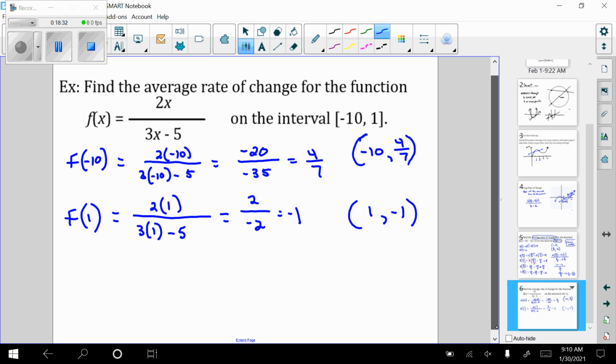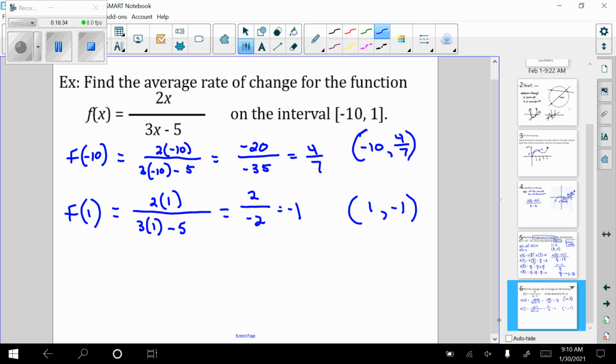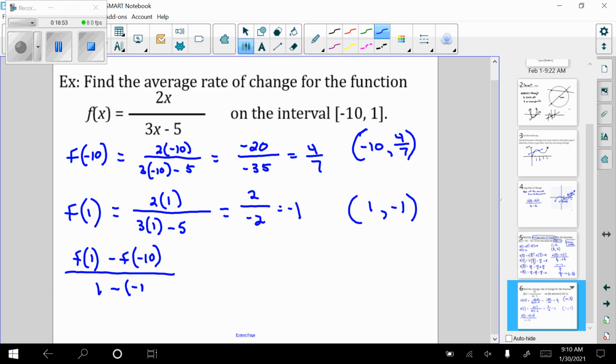Between those 2 points on that curve, I'm now going to find the slope of the secant line, or the average rate of change. So I'm going to take f of 1 minus f of -10. There's your change in y, y2 minus y1, over 1 minus -10.